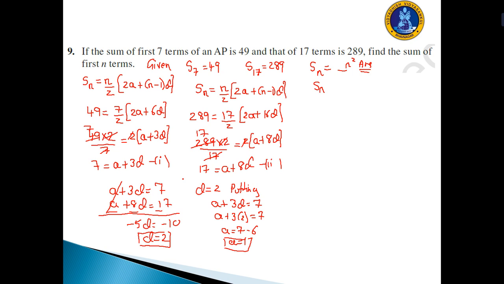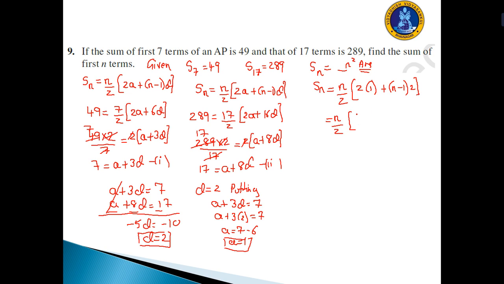Again we have to put these in Sn and get the answer for Sn. So Sn is equal to n by 2 into 2 into a, and a is already 1, plus n minus 1 into d, and d is equal to 2.